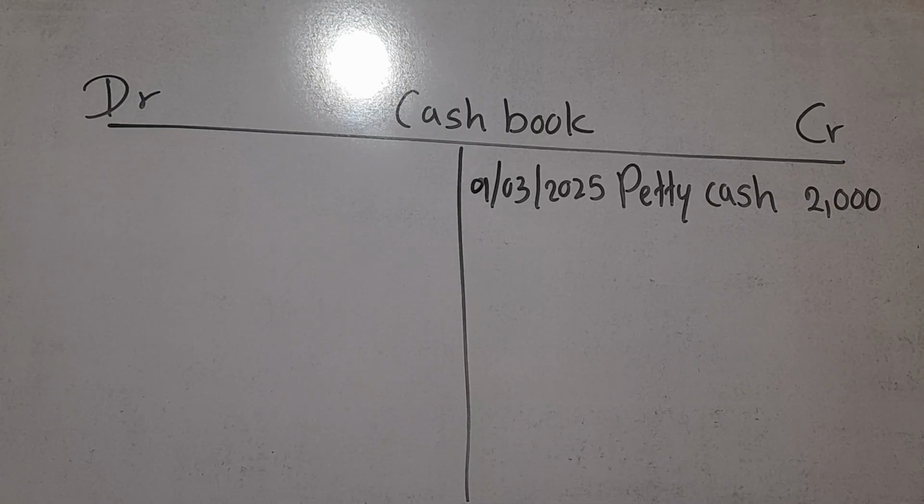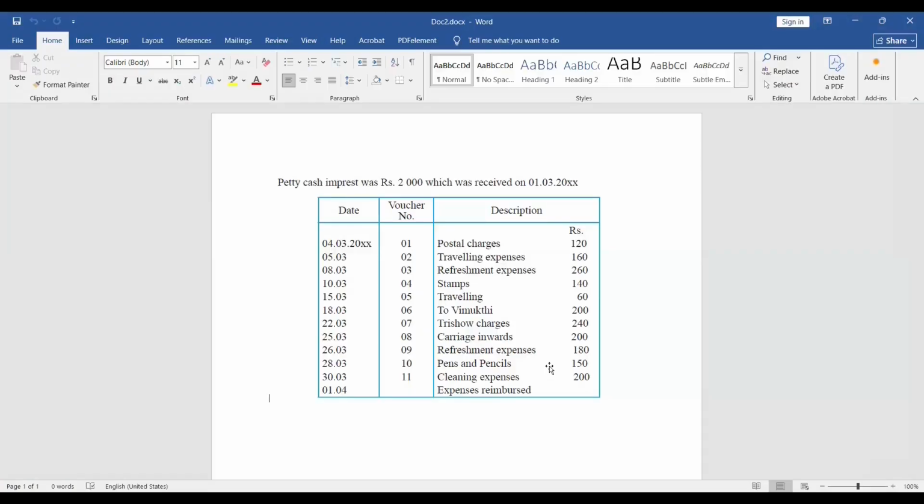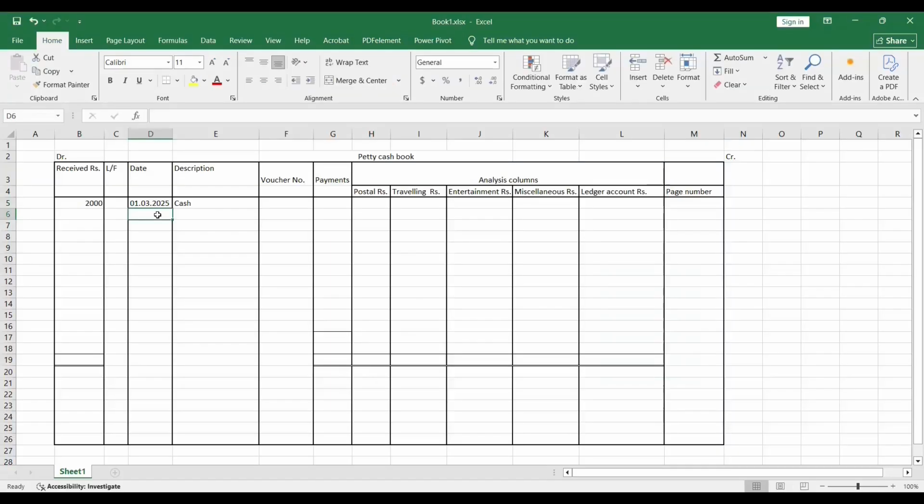Now we debited the petty cash book, so cash book credit, because we receive money from the main cashier. Cash book credit 2000. The first transaction, 4th of March 2025, voucher number 1, postal charges 120. Now let's record this transaction. 4th of March, description postal charges, voucher number 1, payments 120. When it comes to the analysis columns, we record this in the postal analysis column.